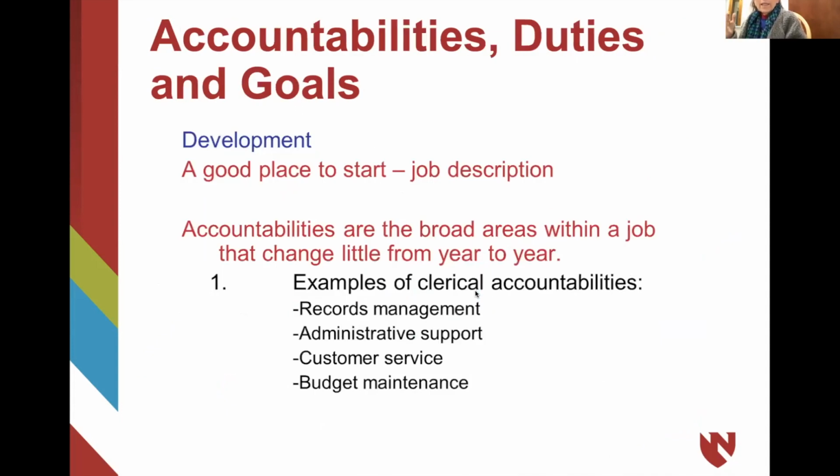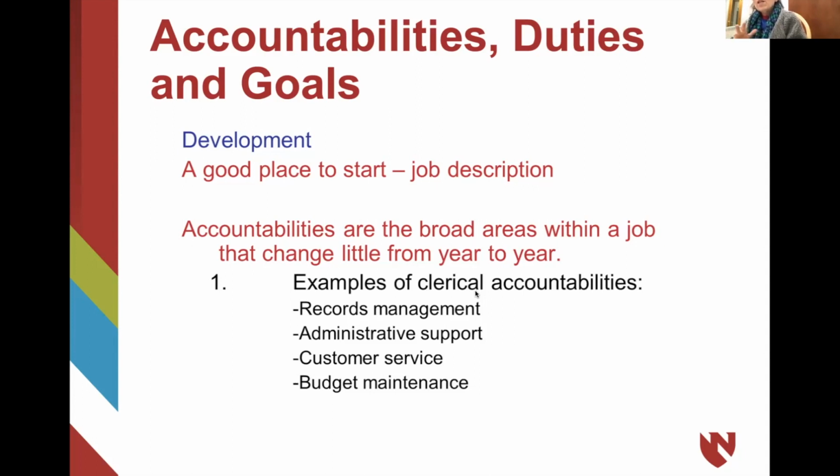So first, like I said, when you first hire somebody, or maybe sometime when you're having issues with performance and maybe they do not understand or were not aware that they're responsible for certain responsibilities, the best thing is to say, okay, what are the accountabilities, duties and goals in your position? So we all have a job description. We pull that job description. We make sure it's up to date.